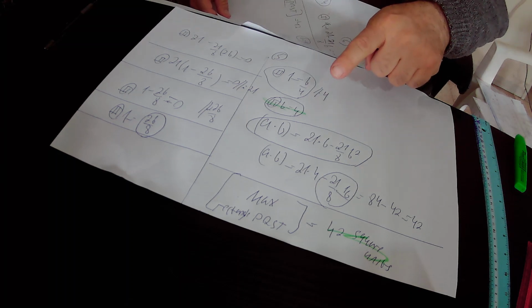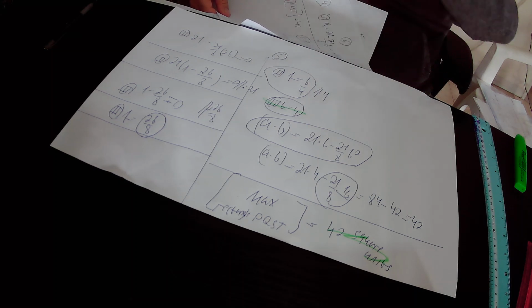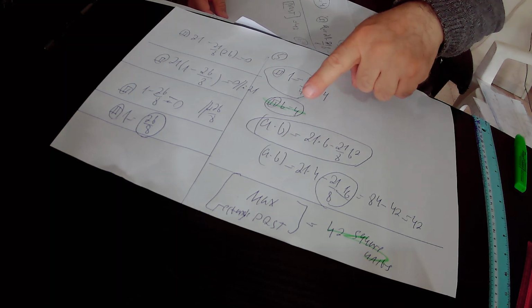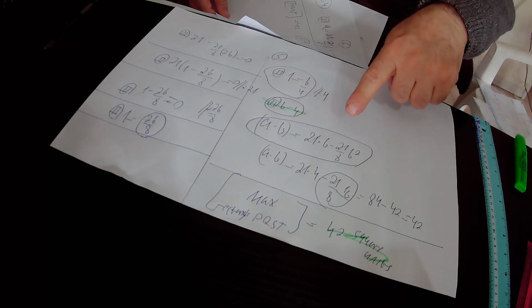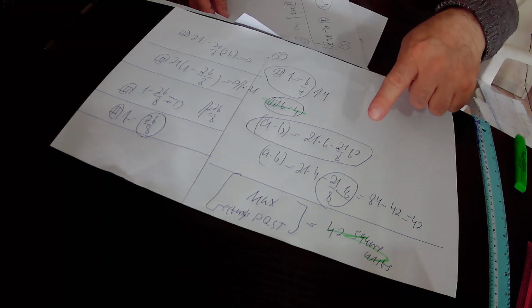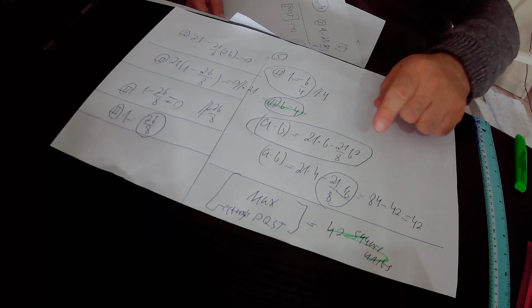So we did it and found out the maximum area of rectangle PQST, which is A times B. So A times B equals 21b minus 21 over 8 times b squared. B is 4, so it is 21 times 4 minus 21 over 8 times b squared. B is 4, therefore b squared is 4 squared, that is 16.